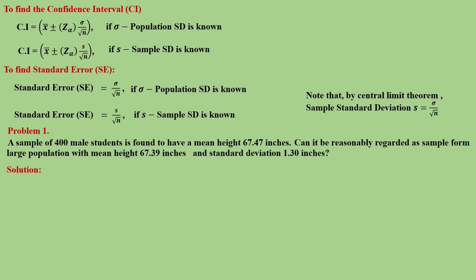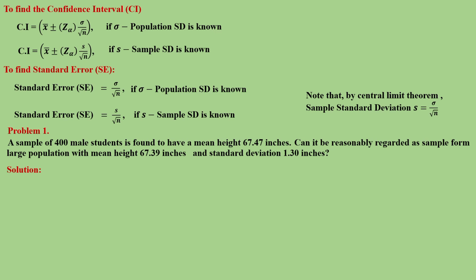They are asking whether the sample is from that population with the given mean and standard deviation. The population mean mu is 67.39, and the population standard deviation sigma is 1.30.